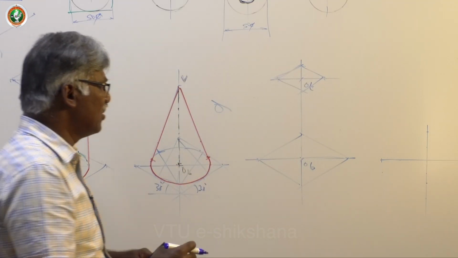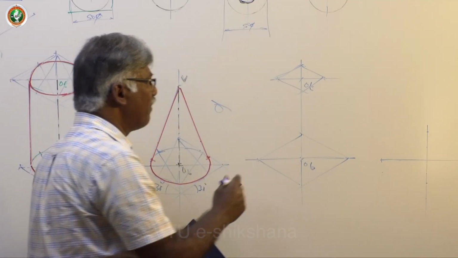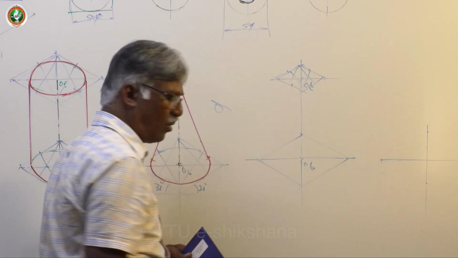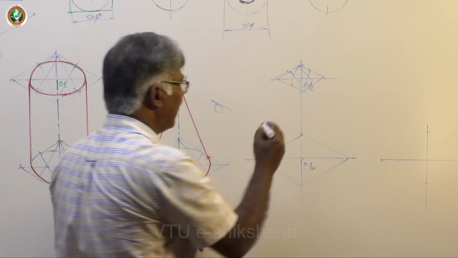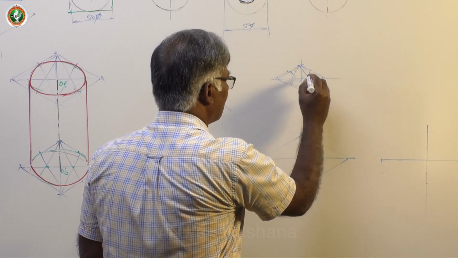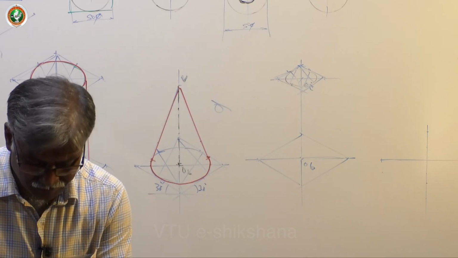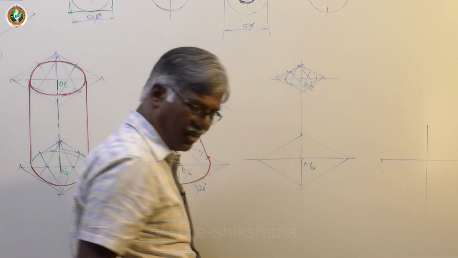So very easy also. Instead of going for 30-degree lines, this is the best method. Now take centers, same procedure you follow. Then create the top face by 4 centers method. Then, since you know top face is visible, you dark it directly.